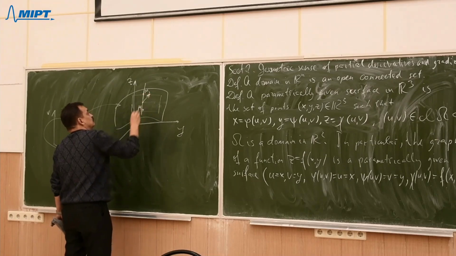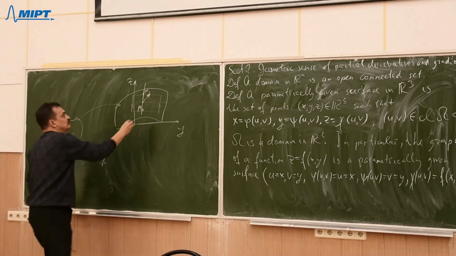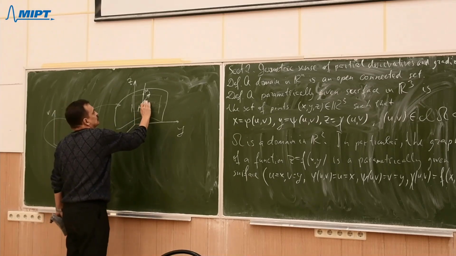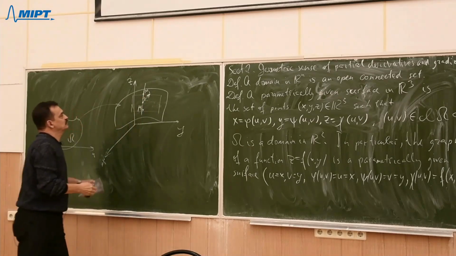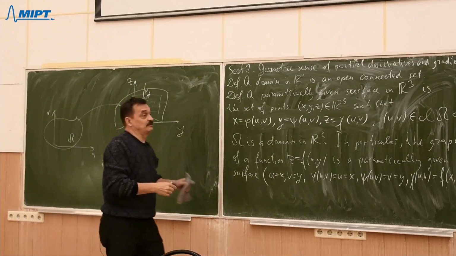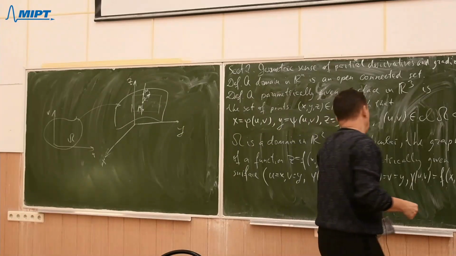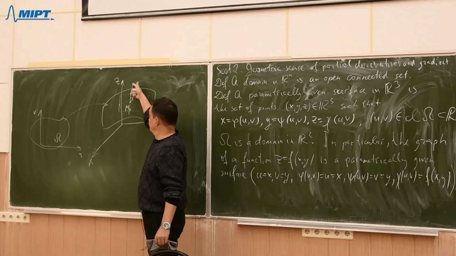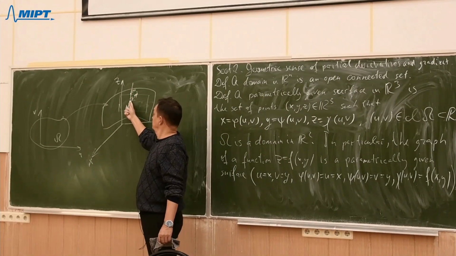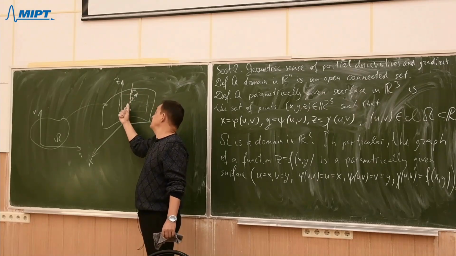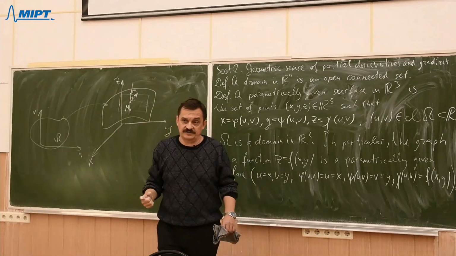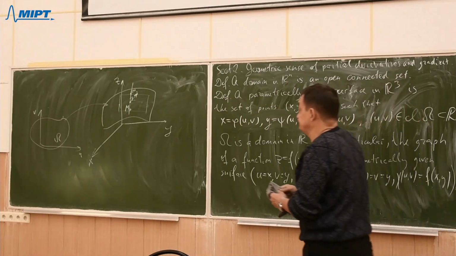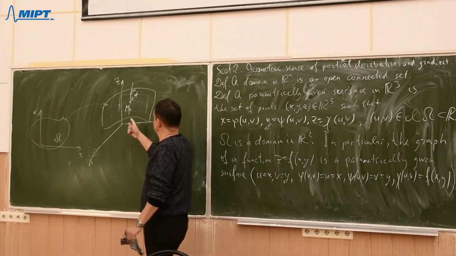So the normal vector is orthogonal to each limit position of a chord. We know that if we consider a chord, so if we consider a curve on the surface, then the limit position of such a chord will be tangent to that curve.